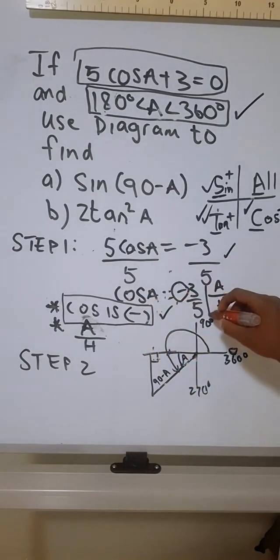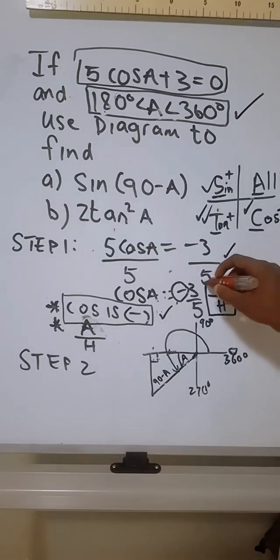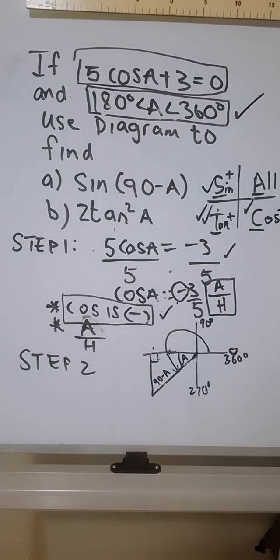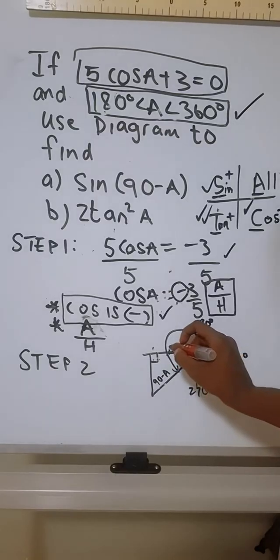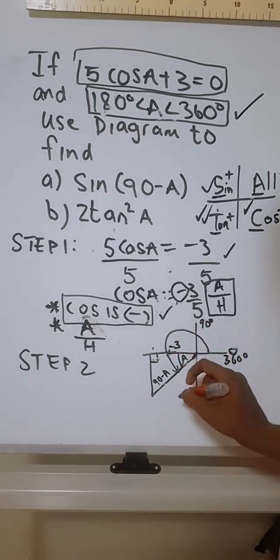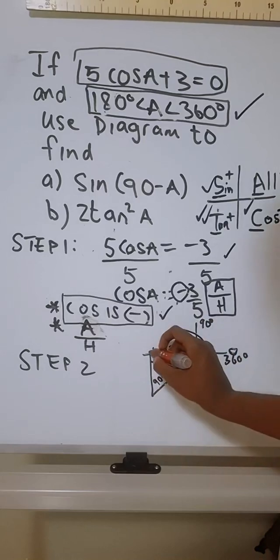The definition of cos is adjacent over hypotenuse. So that means this is the angle A. The adjacent side of this angle is going to be negative 3, which is basically what this point is.